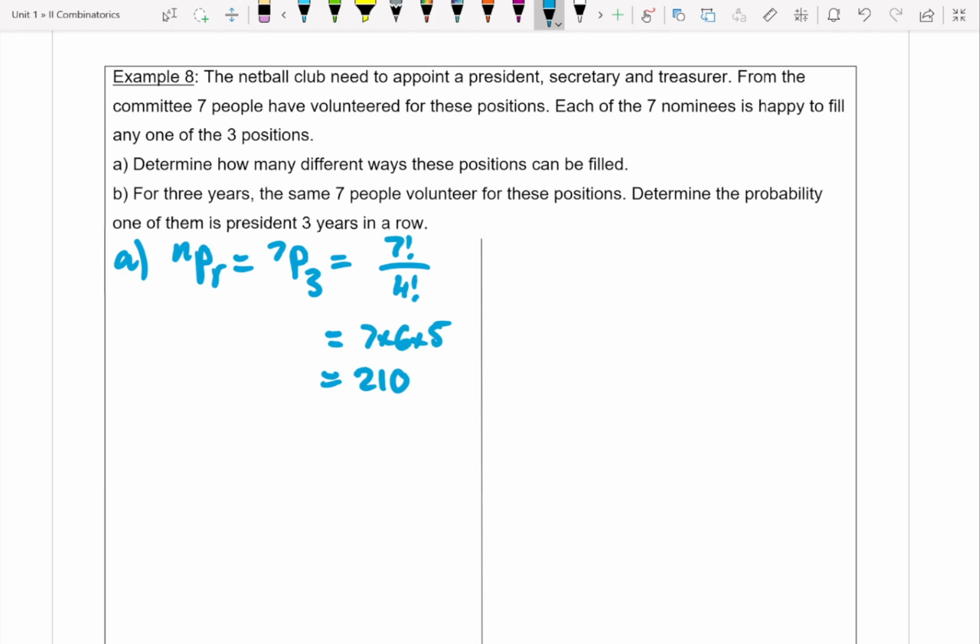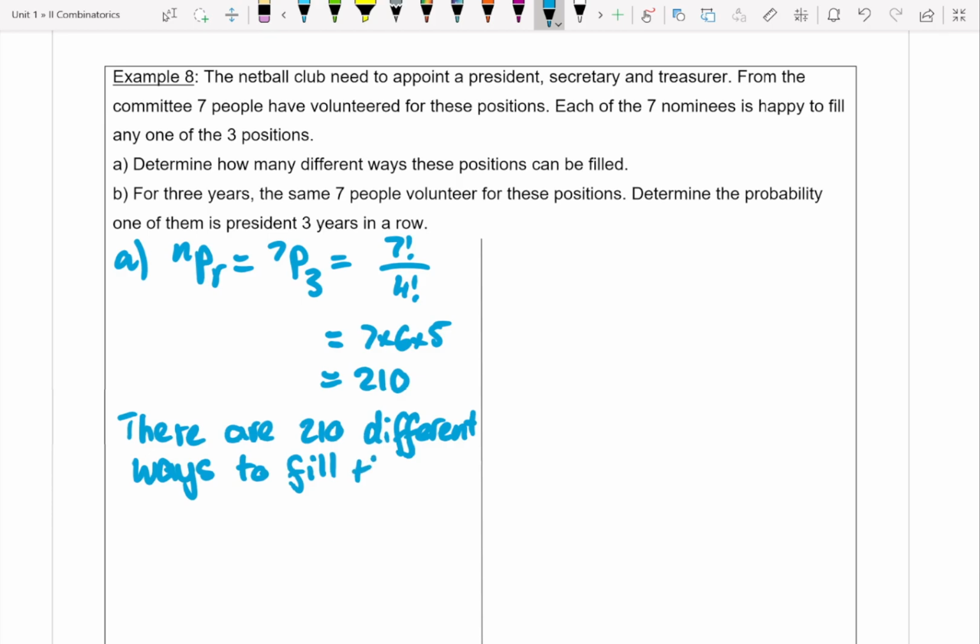So we then need to answer this with a sentence, because 210 is not our answer. Our answer is there are 210 different ways to fill the 3 positions.